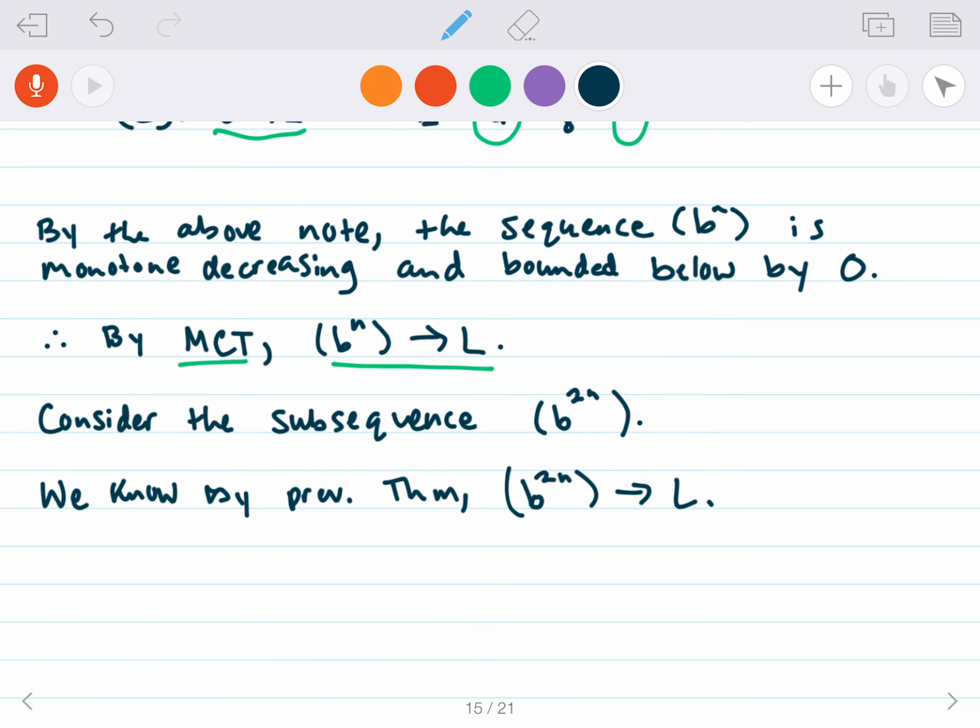Okay, and so now we can do some sorcery and figure out what this limit is. We know that b to the 2n is equal to b to the n times b to the n just by exponents, right?